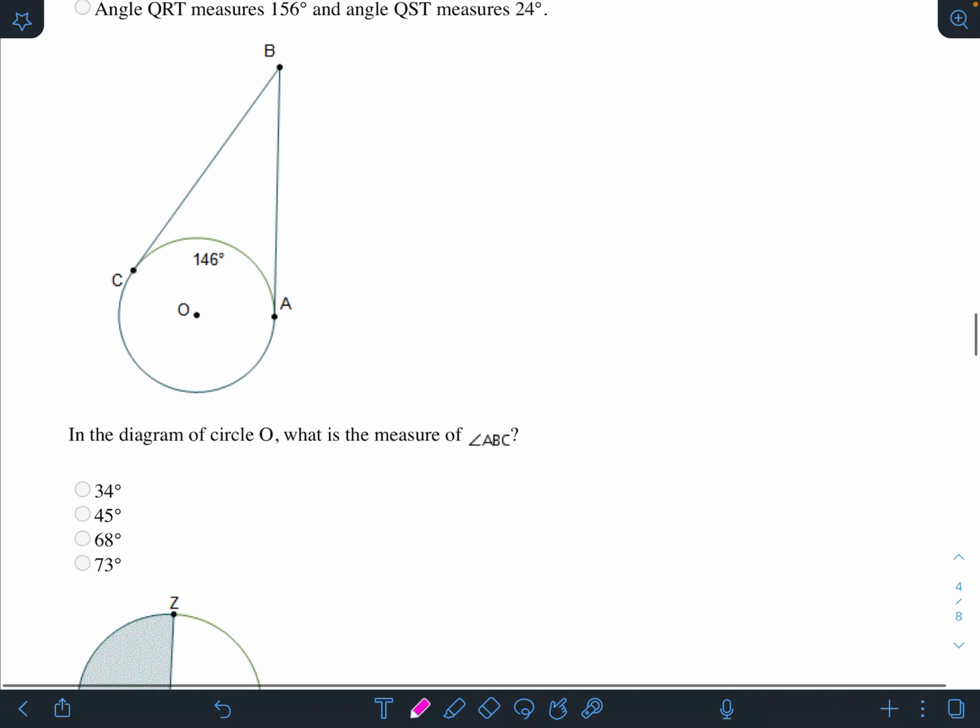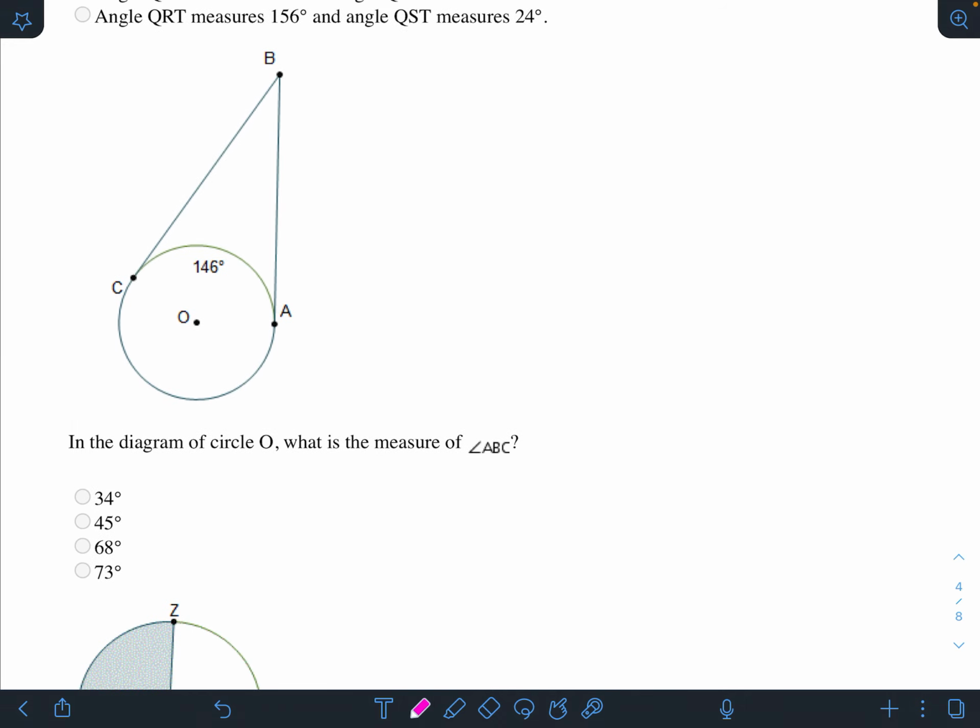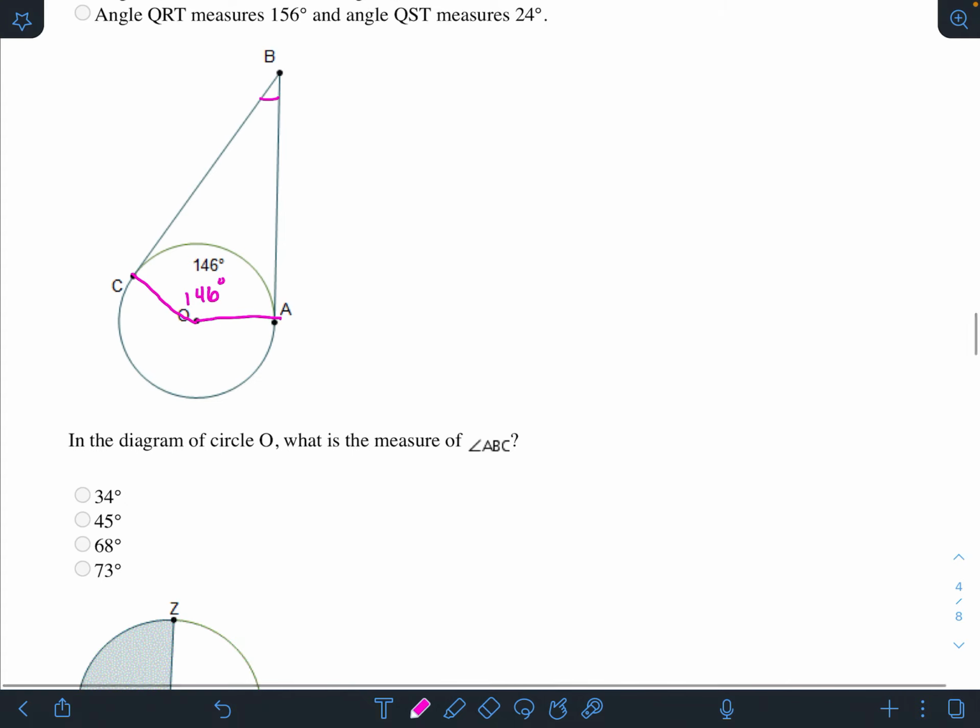Okay. In the diagram of circle O, what is the measure of angle ABC? I like to think about this as ABC being a circumscribed angle. And here we have a central angle created by COA if we draw it in, and that measure is going to be 146 degrees. I know that circumscribed angles and central angles are going to be supplementary to each other.